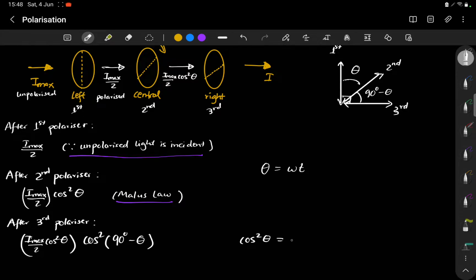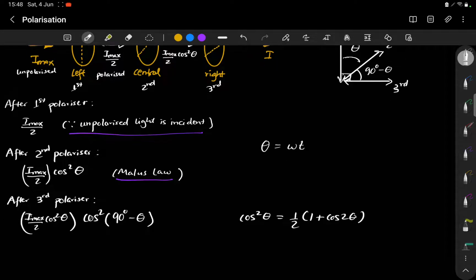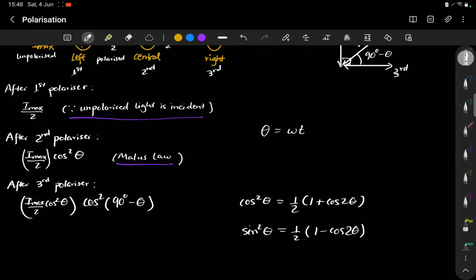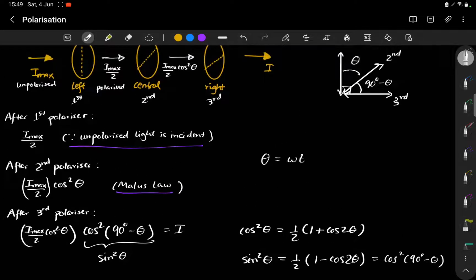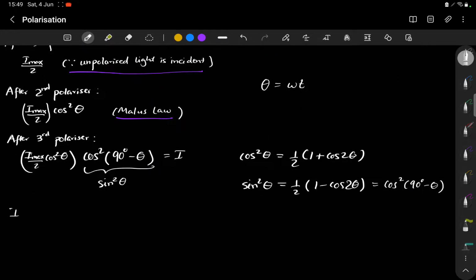Cos squared theta is like so, and similarly sin squared theta. Because we have cos squared of 90 minus theta, that is essentially sin squared theta. So let us write down. So this is our final output intensity I. So let us simplify.